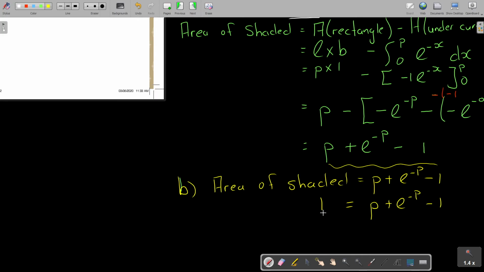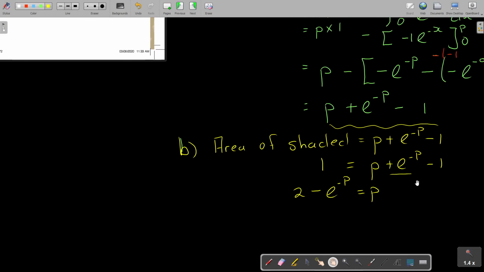Okay, and let's take that one over. Basically, I'm just going to have 1 plus 1, so it's 2, minus, and then I take this one also over, e negative P, and that's P. So, therefore, P is equal to 2 minus e negative P. Okay, and now I go for that chapter 13, why we are doing this.